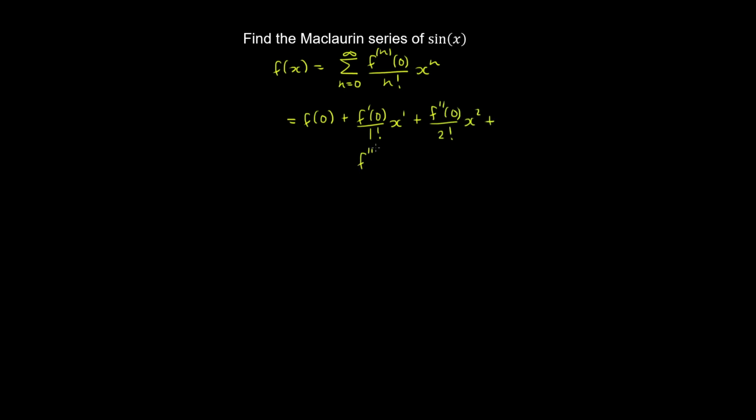Find the Maclaurin series of sin x. Well, a Maclaurin series is simply a Taylor series expansion about a equals 0. So we can write the series as follows. And that can be expanded as follows using a few terms in the series. And f of x is sine x.